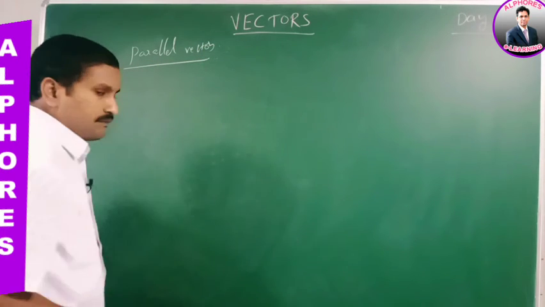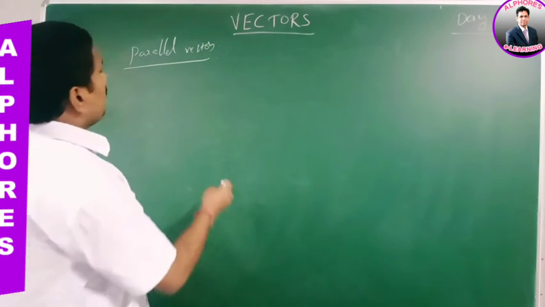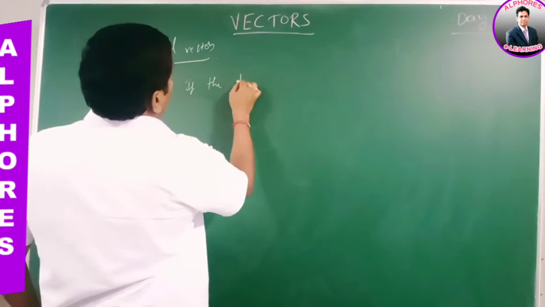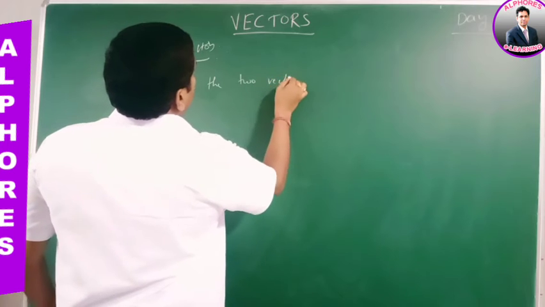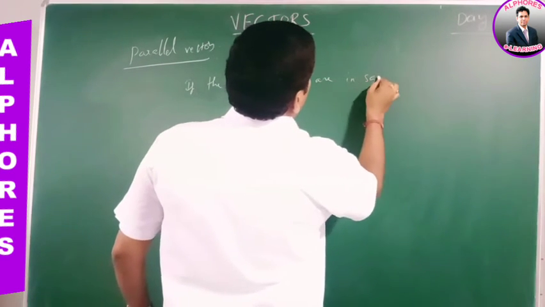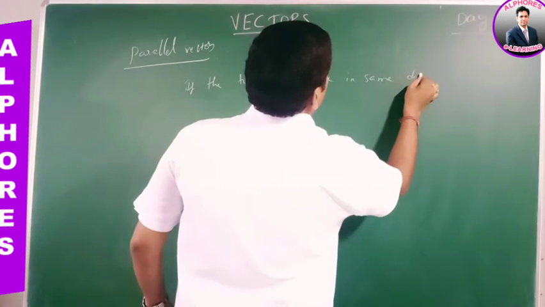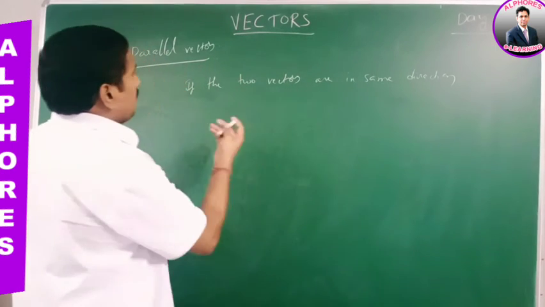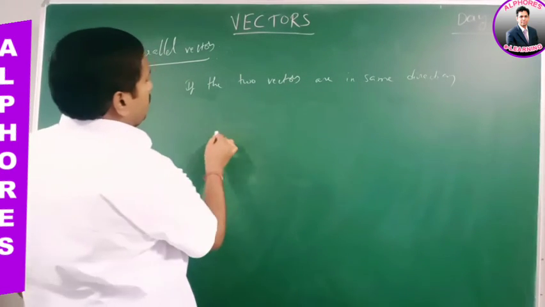Parallel vectors. That means if two vectors are in the same direction, then these vectors are said to be parallel vectors. What is the example for this?